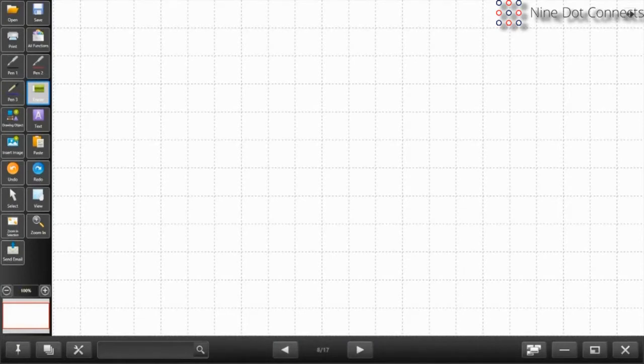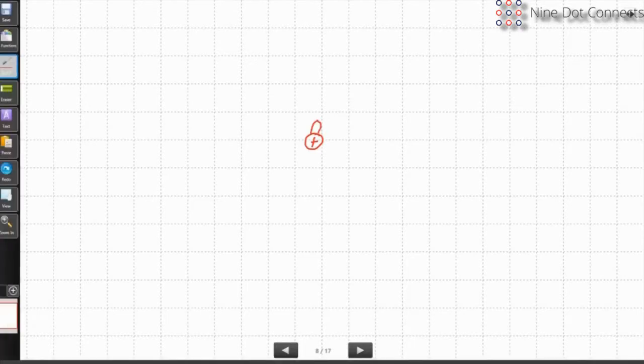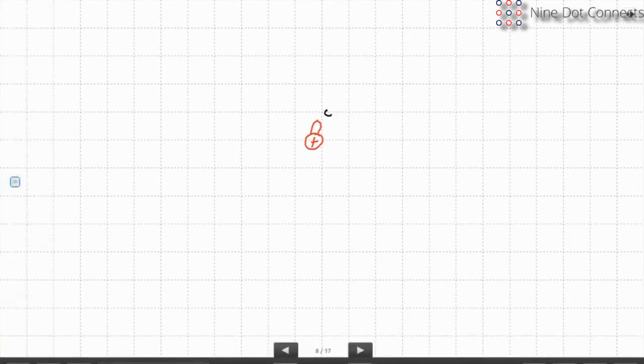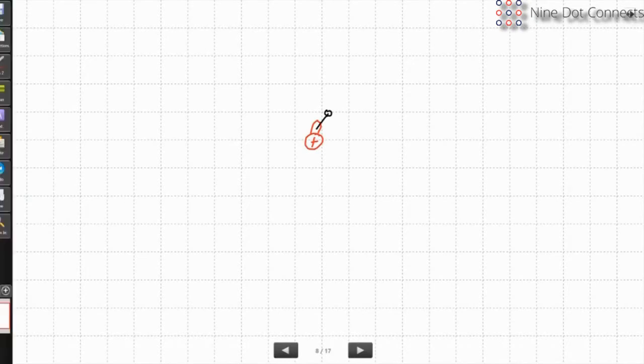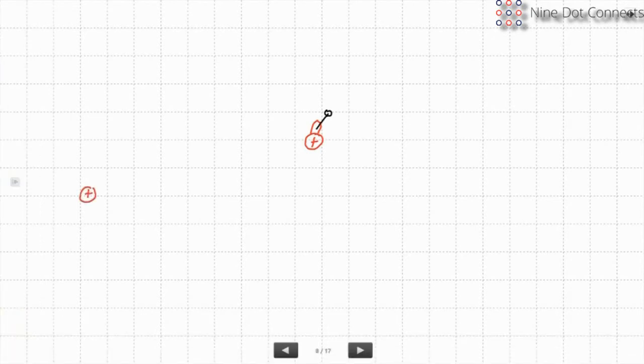So let's talk about what ends up happening again. If we have a proton, and we take this positive charge and nail it down in place so that it cannot move, we have a proton nailed down in place. As we bring another proton in to get close to it, there is a force.